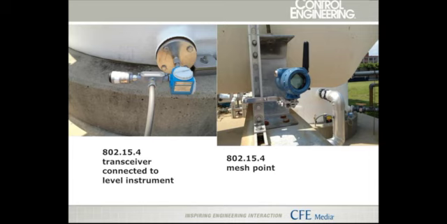These are two of the field sensors. The one on the left is a sub-level pressure device with the transceiver connected to the left-hand side of the T conduit. On the right-hand side, you see a typical instrument. I'm sure many recognize it. That is not really connected to anything. We put it in to test the local mesh.